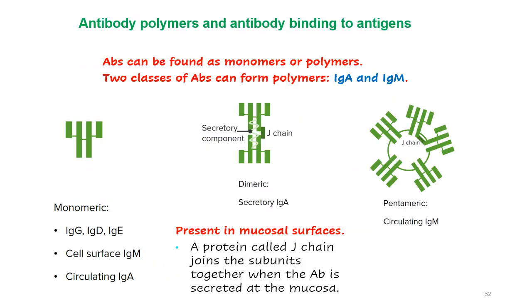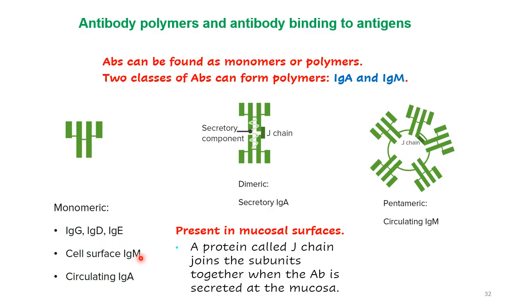All right, so the types of antibodies and how you find them. You can find them as a lonely thing floating around, so you can have monomeric antibodies. Which ones are monomeric? IgG, IgD, and IgE. On the surface of a B cell, you're going to find IgD, and you're also going to find IgM.